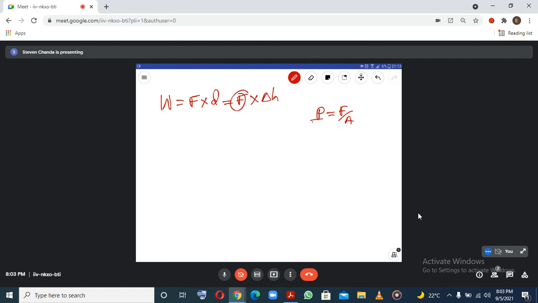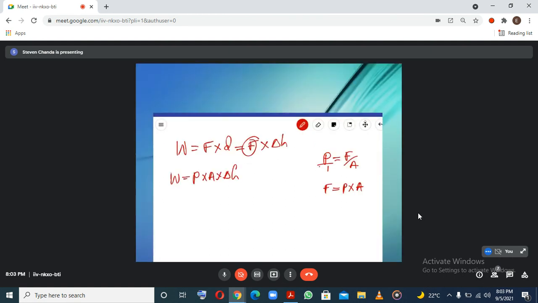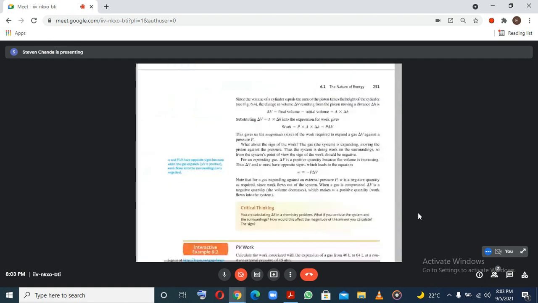Making force the subject of the formula gives pressure times area. So you can now substitute and say the work is actually going to be pressure times area times the change in the height. I hope you're able to see this relation, right? So that's done.